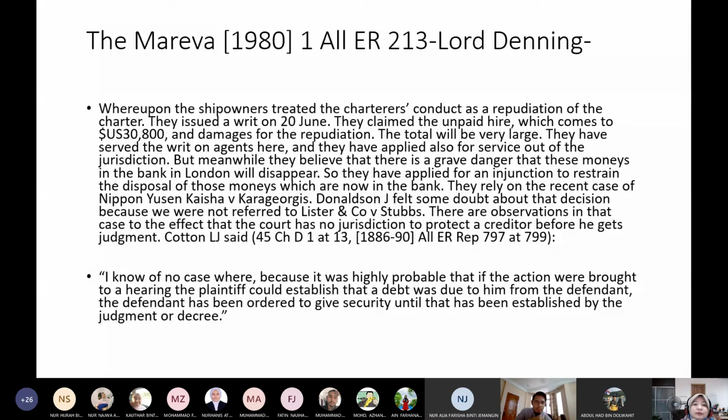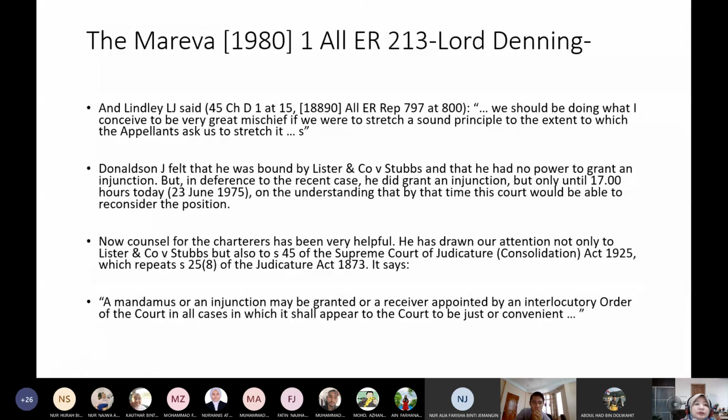Okay. So he was also referring to Lindley LJ, where we should be doing what I consider to be great mischief if we were to stretch a sound principle, if the defendant asks us to stretch it.